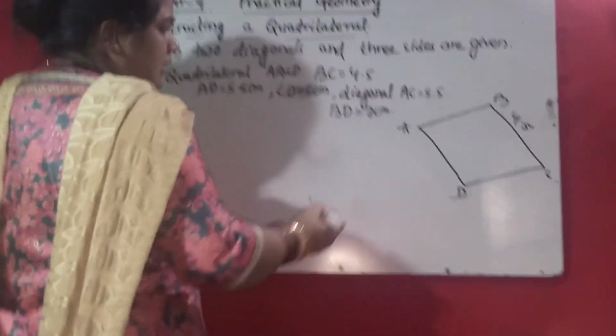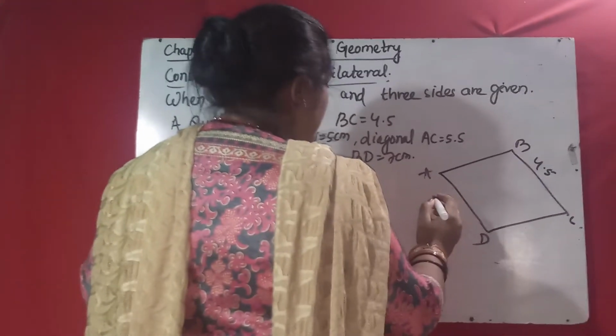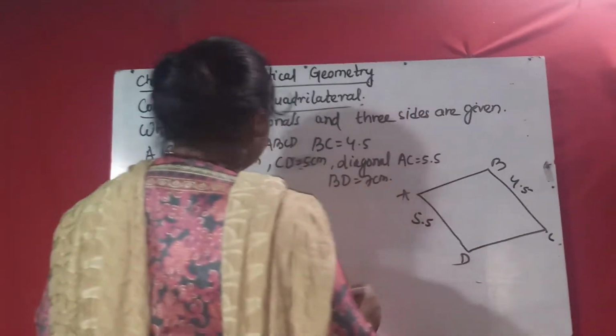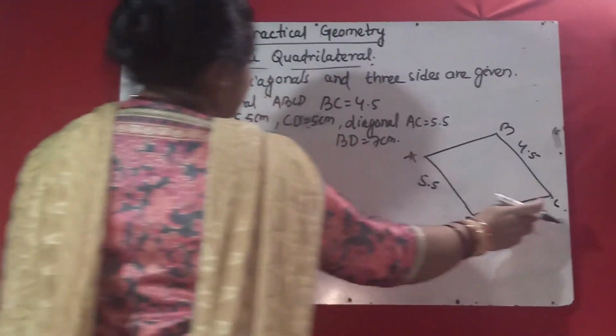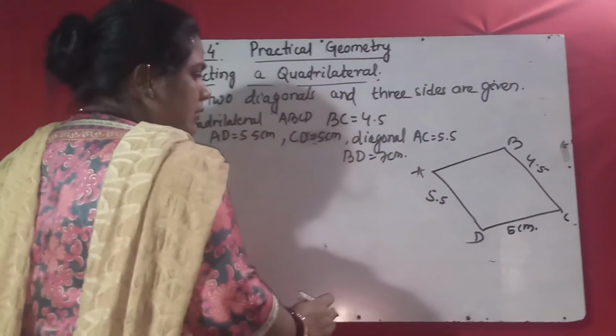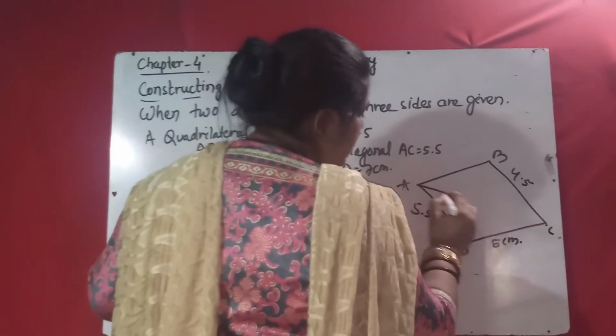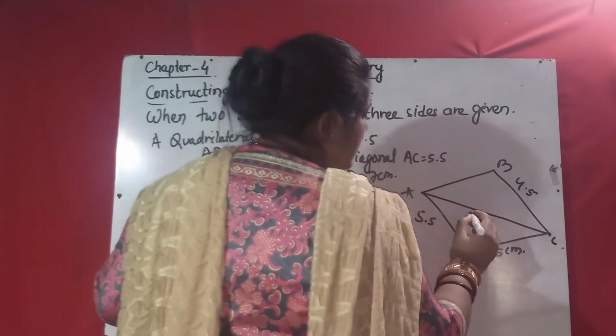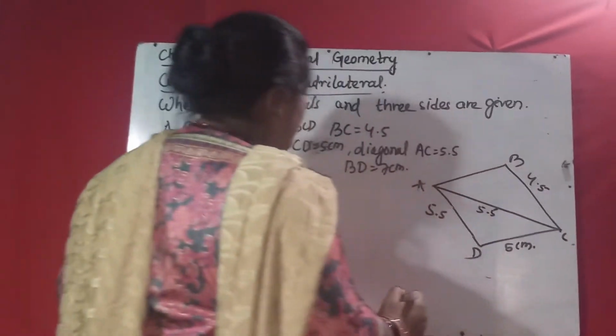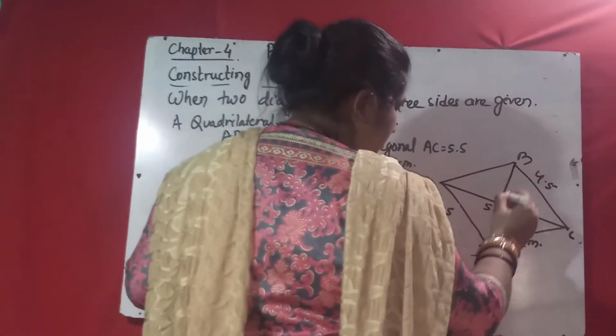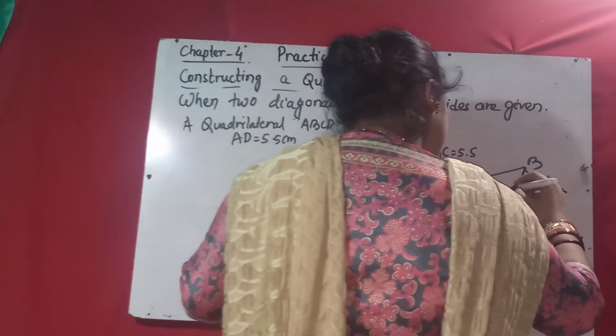Then AD is 5.5 cm. Then CD is 5 cm. Then the two diagonals: first AC, this one, is 5.5 cm. Then BD, this one, is 7 cm.